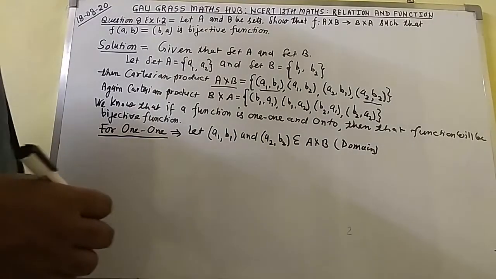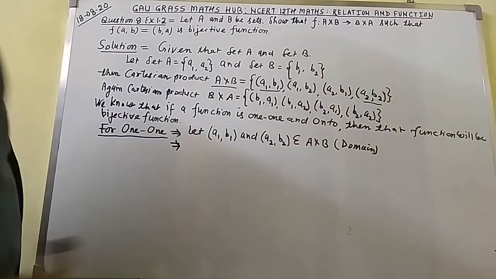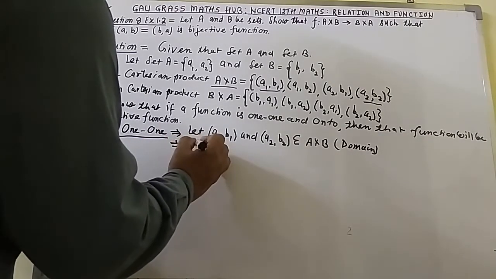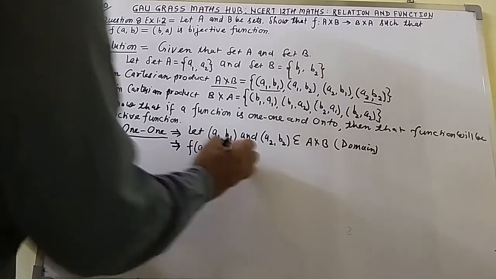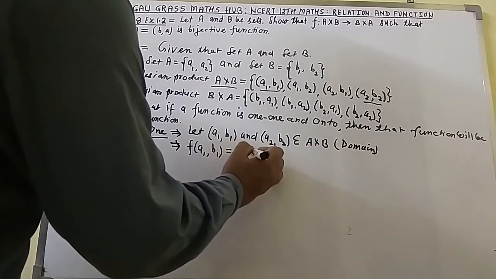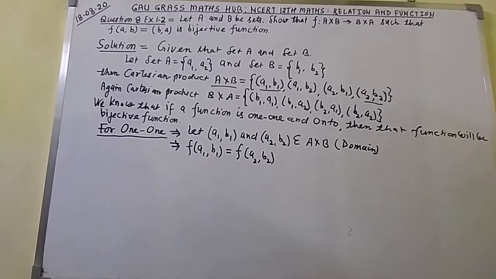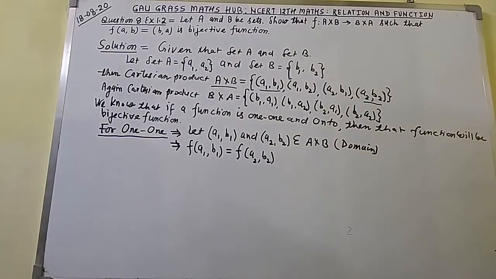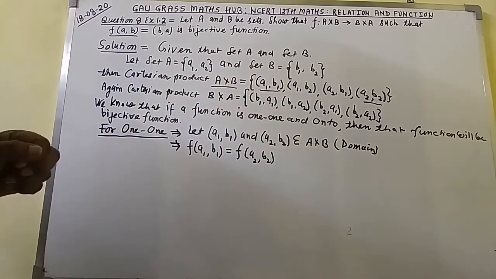Then by the definition of 1-1, you can write that f of (A1, B1) will be equal to f of (A2, B2). So what to do? Here you have to find f of (A1, B1). Here you can see f of (a, b).